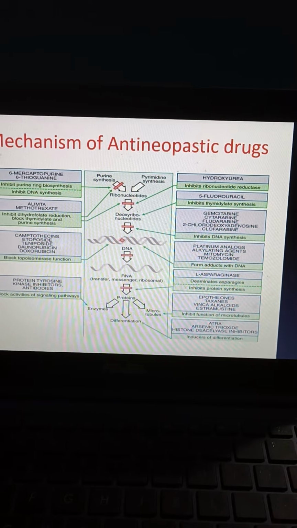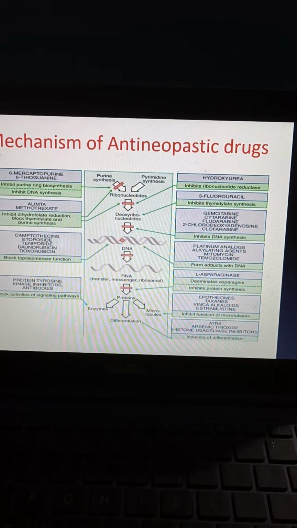CCS drugs are generally scheduled after a course of CCNS drugs to improve cell kill. CCS drugs are more effective in hematological malignancies and with a large growth fraction. And CCNS drugs are used in solid tumors with a small growth fraction.